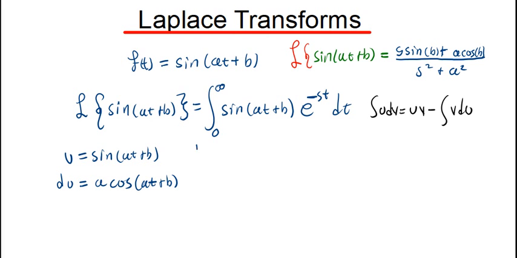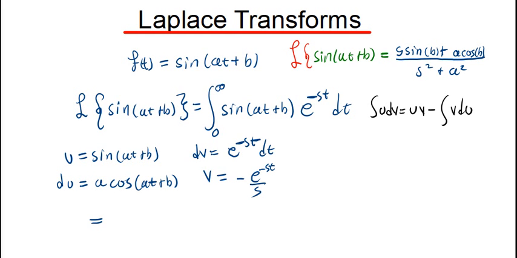Then my dv is equal to e to the minus st dt, and my v is equal to minus e to the minus st divided by s. I believe we are now familiar with that.